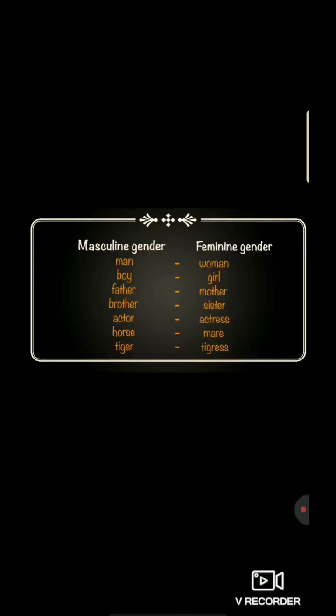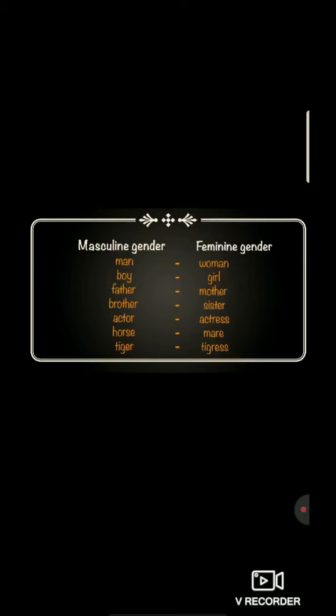So in feminine gender it will be mother. Masculine gender, it is brother. So in feminine gender it will be sister. Now masculine gender, there is actor. So in feminine gender it will be actress. Masculine gender, horse, the animal name. So in feminine gender it will be mare.